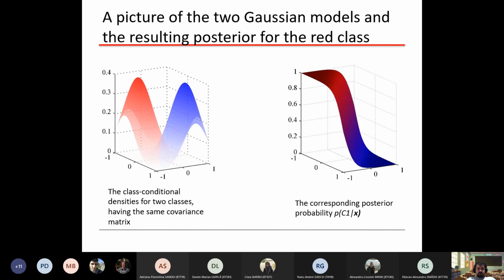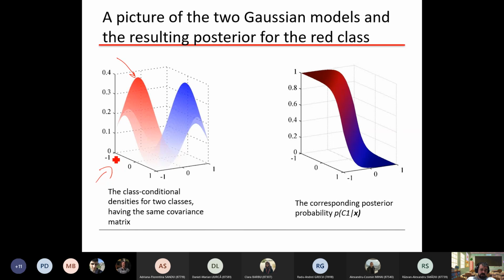A picture of the two Gaussian models. Let's suppose that we have, as you can see to the left, the same covariance matrix for both classes. We have here in the same graph the red curve, which is the probability for the negative class.